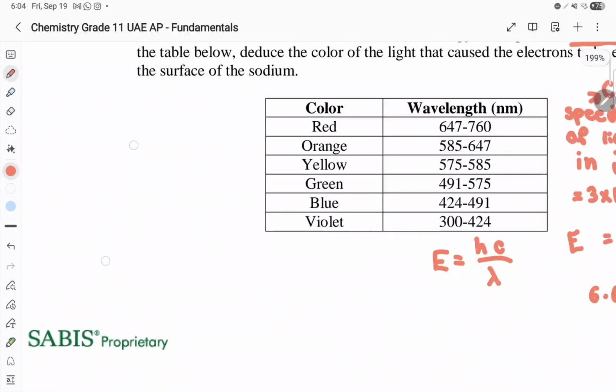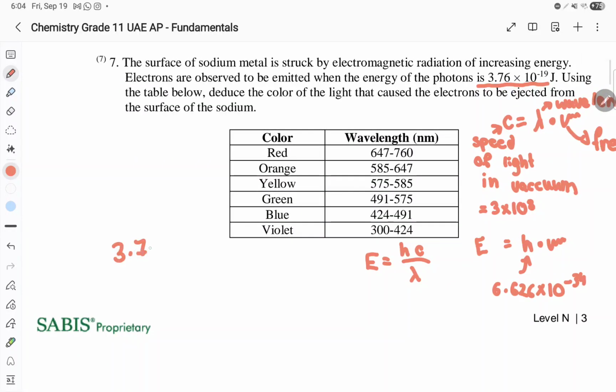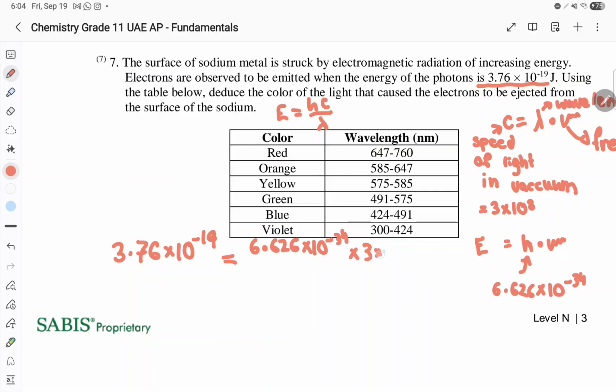Energy, which is 3.76 times 10 power negative 19, equals Planck's constant, 6.626 times 10 power negative 34, E equals hc over wavelength, lambda, times 3 times 10 power 8 all over the wavelength which we are trying to find.